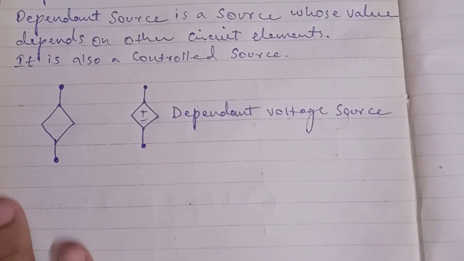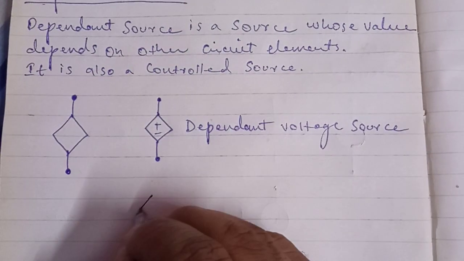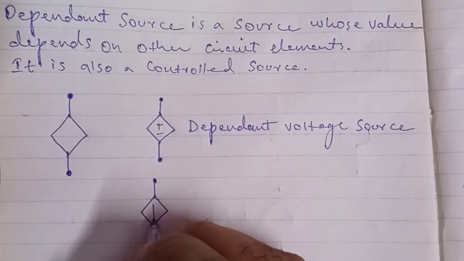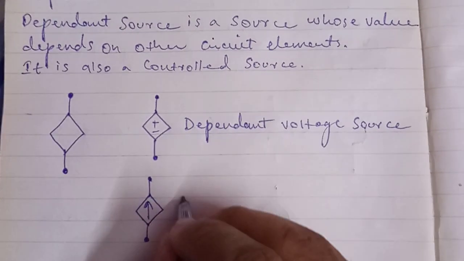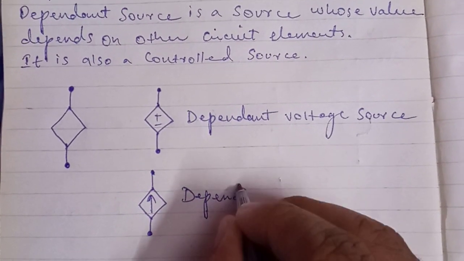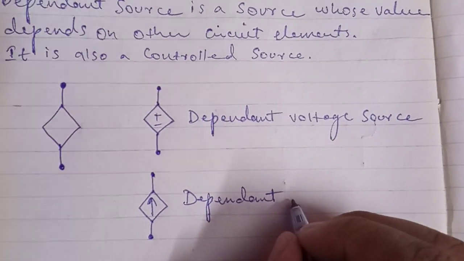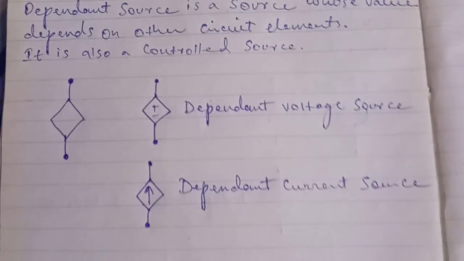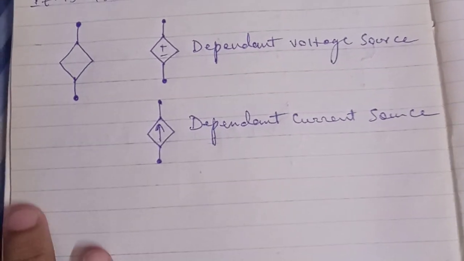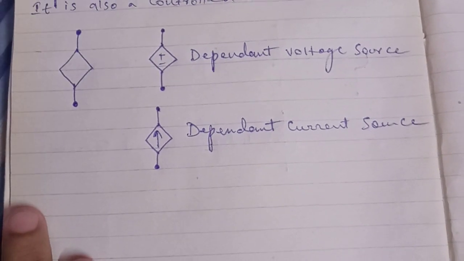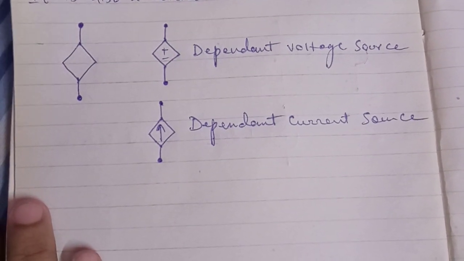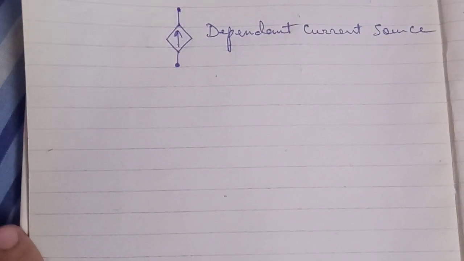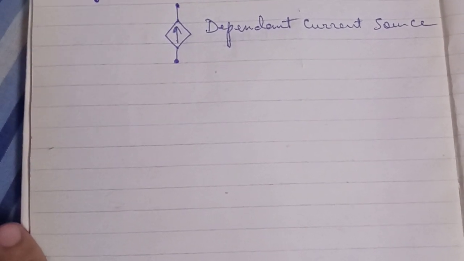But if I mark the arrow into the shape, it's a dependent current source, because arrow always represents the current, the direction of current. Now what you have to understand is that dependent voltage source further has two types and dependent current source further has two types. Now I will teach you how many types of dependent voltage source there are.